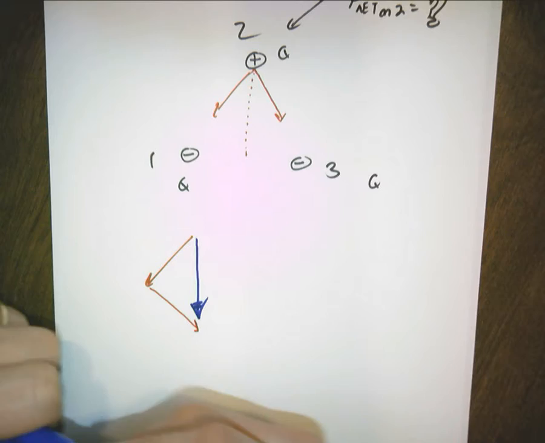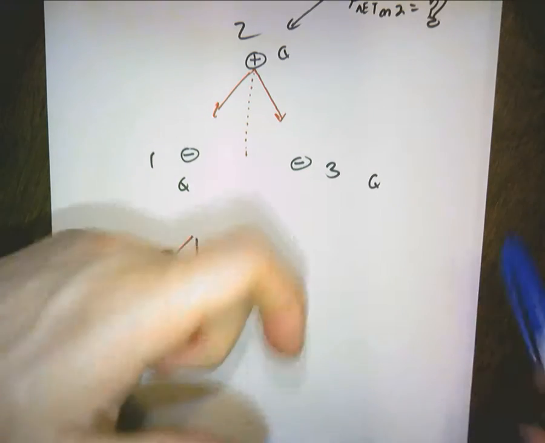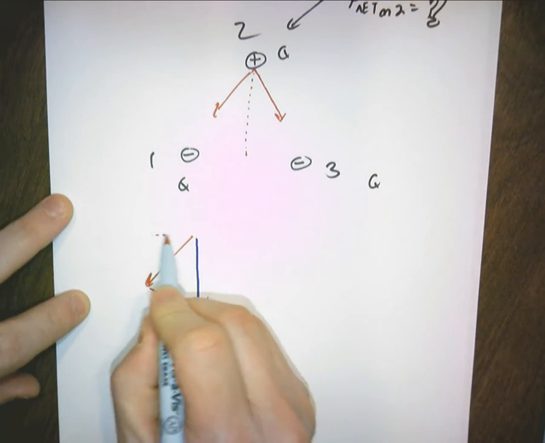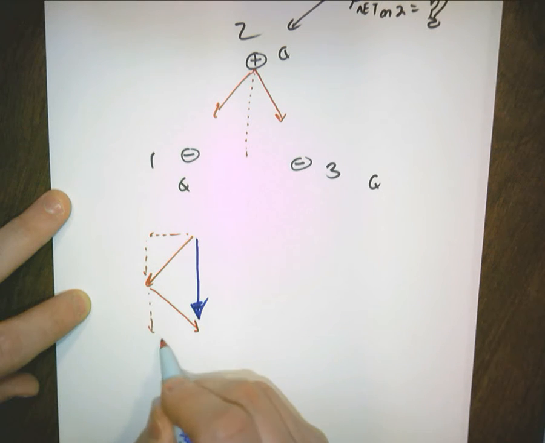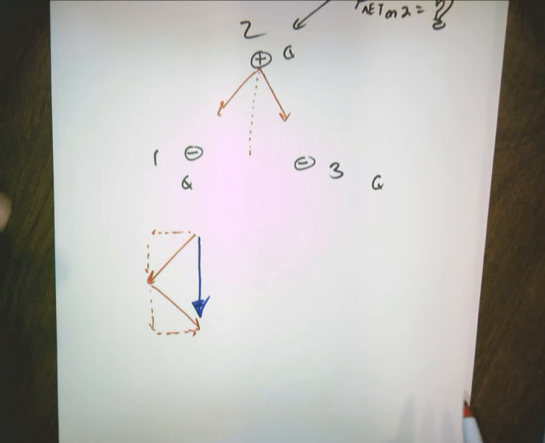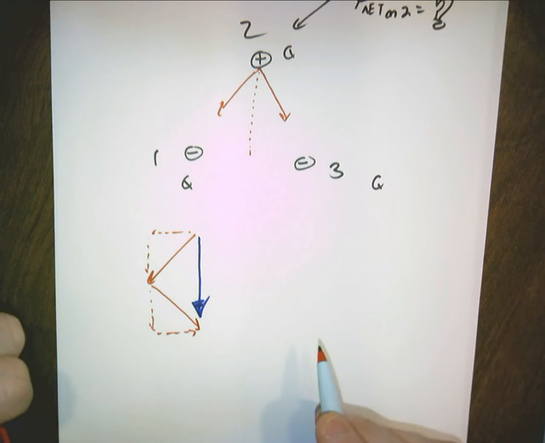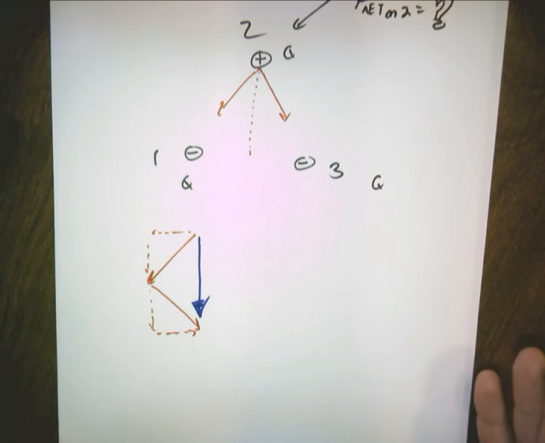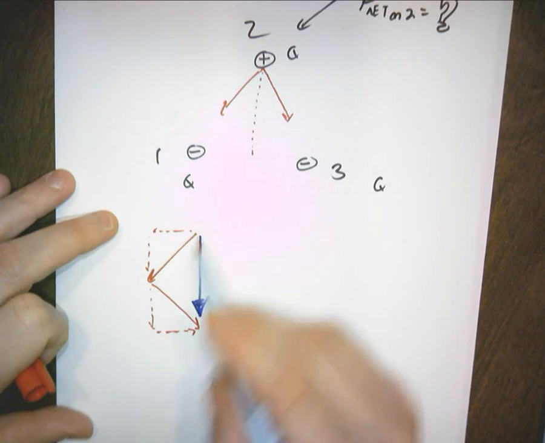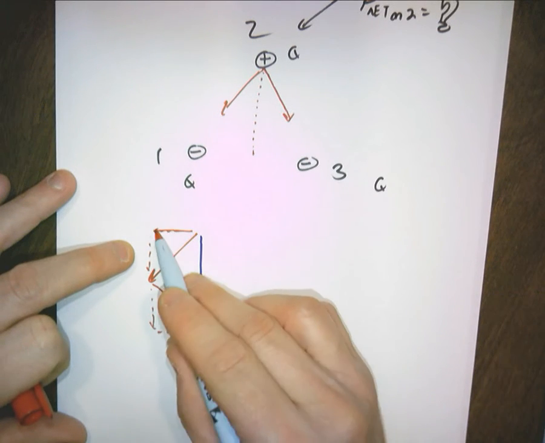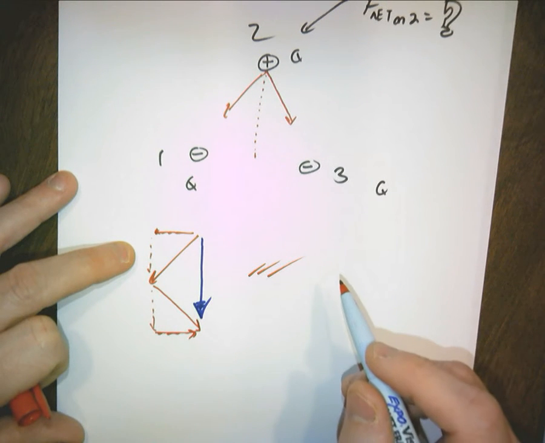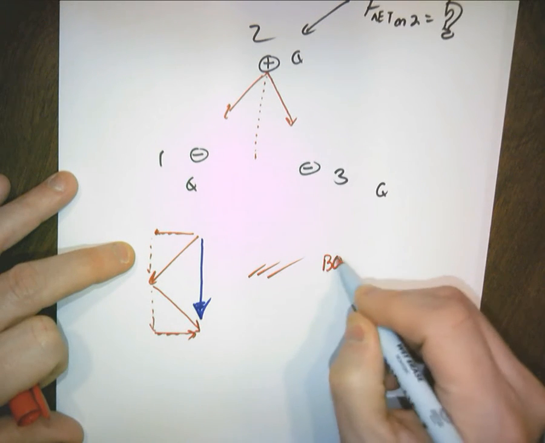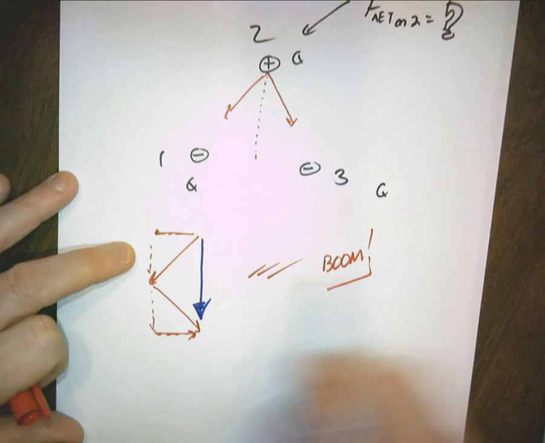Okay? And you'd have to do all your just nasty, nasty components. The x component of that one, the y component of that one, the y component of that one, the x component of that one. And then you add up the y's and add up the x's. Wait! I don't need to do the math for the x's because this left cancels this right. Now all of a sudden I'm starting to use my symmetry. And I'm going to say boom to that, okay?